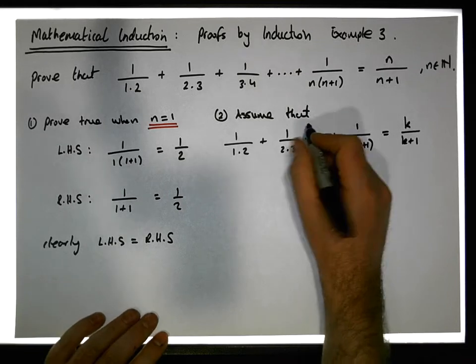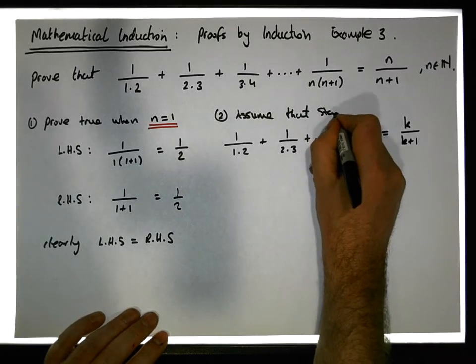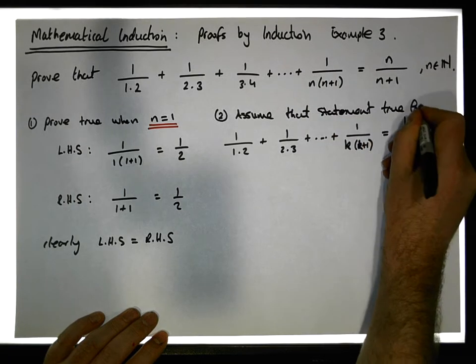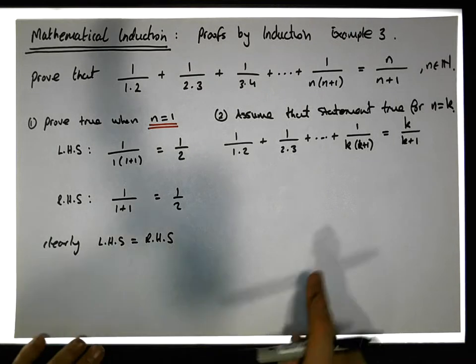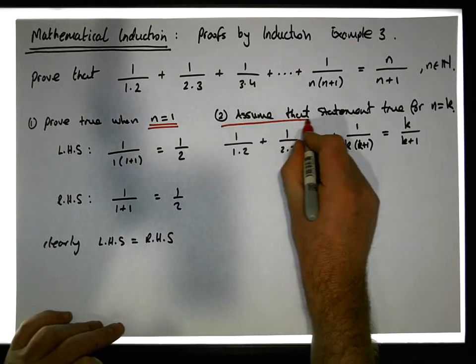So assume that the statement is true for n is equal to k, some specific value. So this is an assumption now. It doesn't make it true.